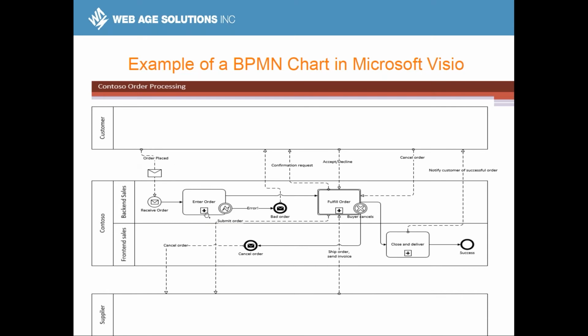That plus sign means that you can click on it and it would expand, showing sub-processes. And then there would be a trigger, which would react to an error, a bad order. There would be a return email to the customer. You will fulfill an order in the backend office, backend sales, and then there would be sort of that forking of processes.